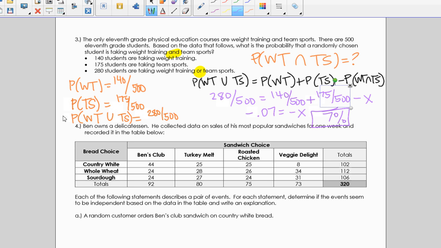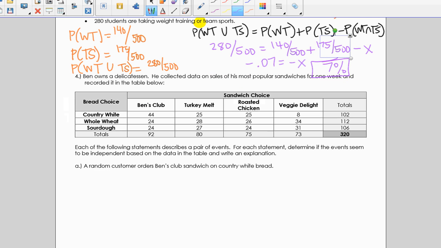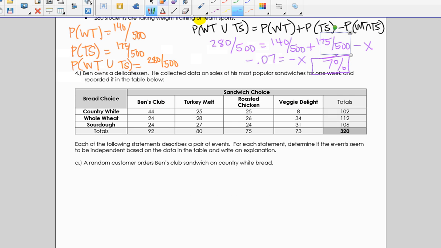All right. For the next one, now we're moving on to what independence means. It says, Ben owns a delicatessen. He collected data on sales for his most popular sandwiches for 1 week and recorded it in the table below. I filled out the entire table with the totals so we didn't waste time, but remember, if that's blank on the final, you're going to have to find the totals yourself.